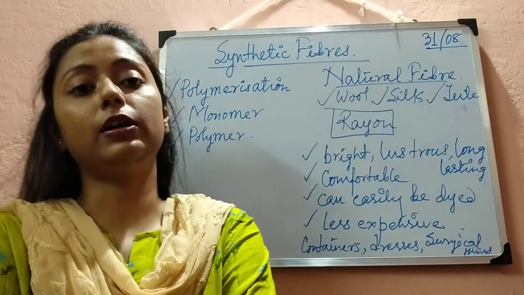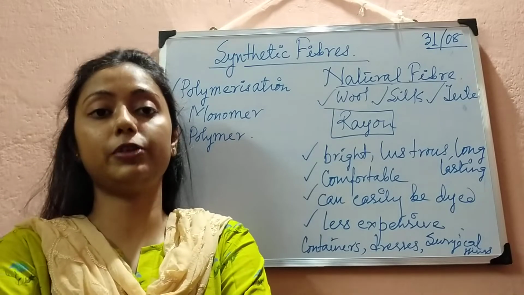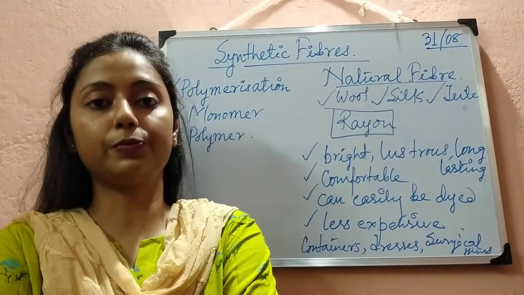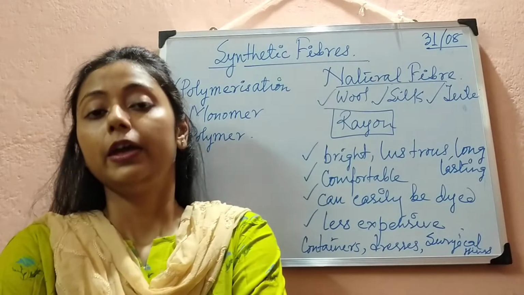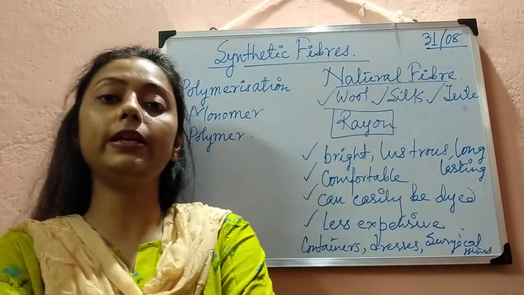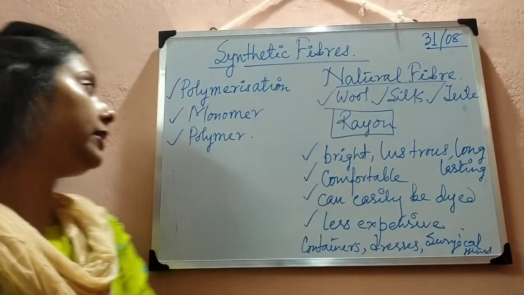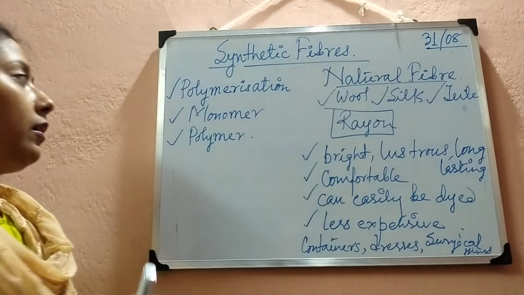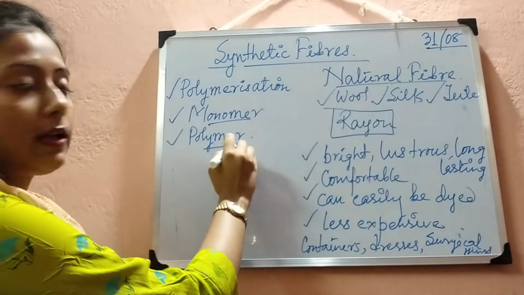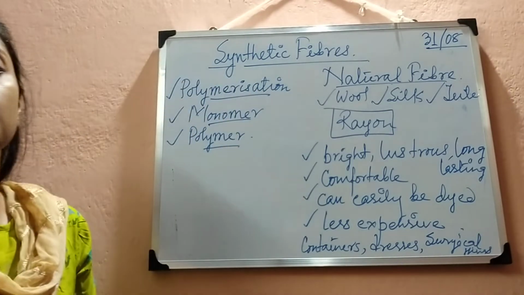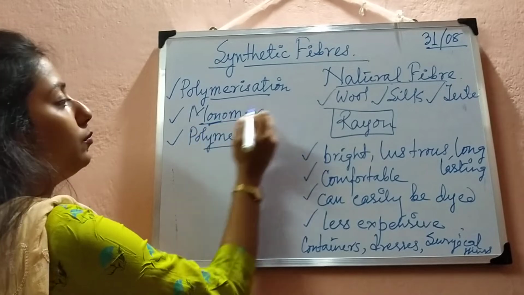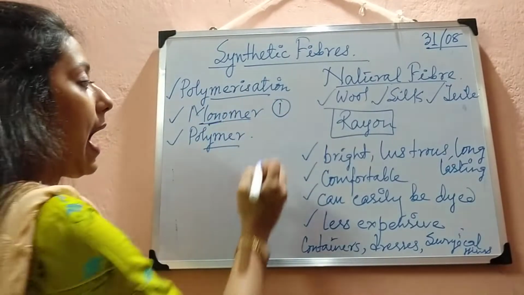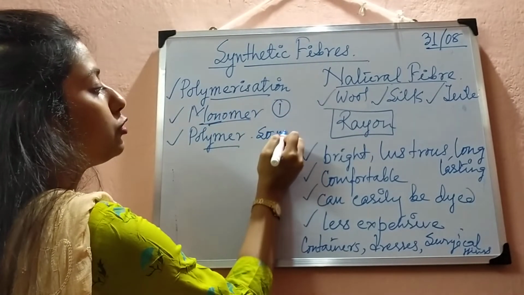You have to learn how the artificial process is carried out to make a synthetic fiber. Here you have to learn three distinct terms: one is monomer, number two is polymer, and number three, the process, is known as polymerization. You have to learn that mono means one and poly means many.